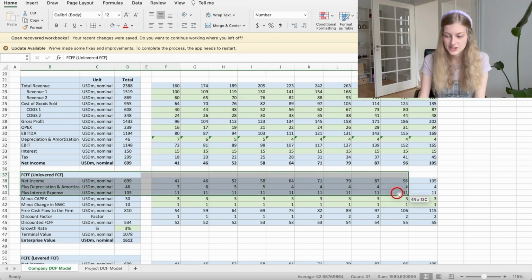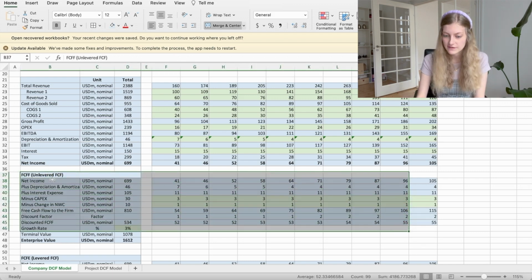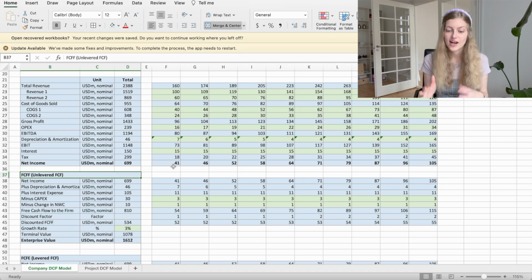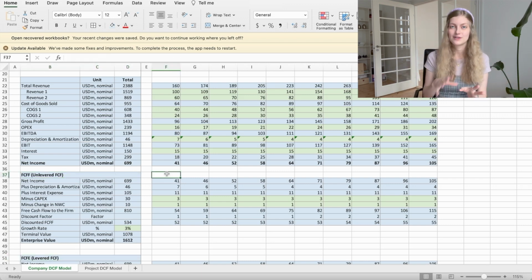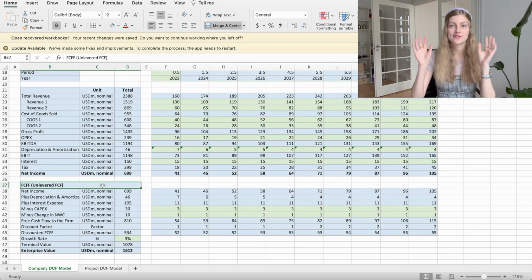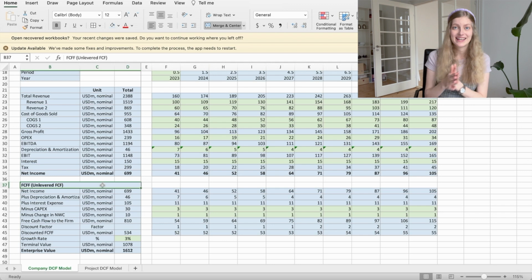And so in this section, we are calculating free cash flow to the firm. That is the unlevered free cash flow. And you can also calculate the free cash flow to equity investors, and we're going to do that in a section down here very soon. But we're going to start with the free cash flow to the firm. That means the cash flow that is available to all the investors in the company, both equity and debt investors.